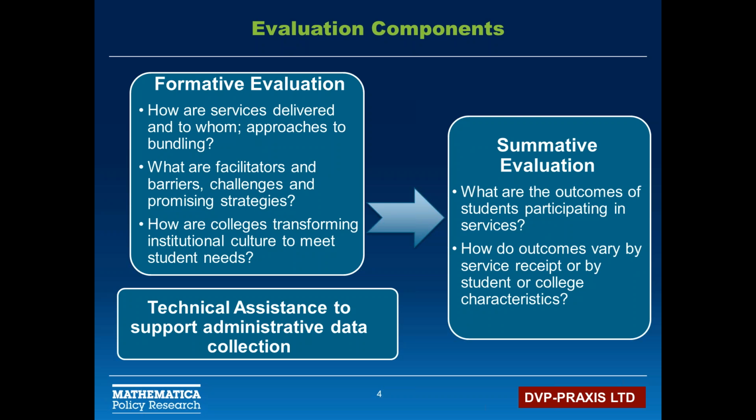So we can design an evaluation that tries to pull in some of that data and really tell us something about not only what the outcomes are for students overall, but also by different program components or different types of colleges.